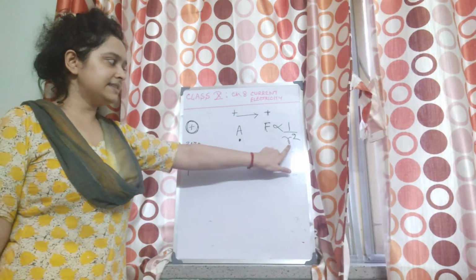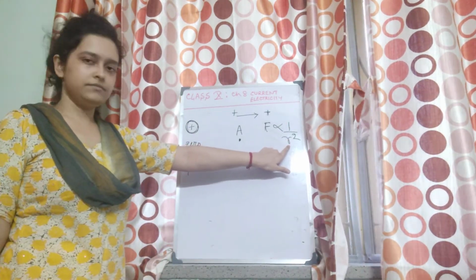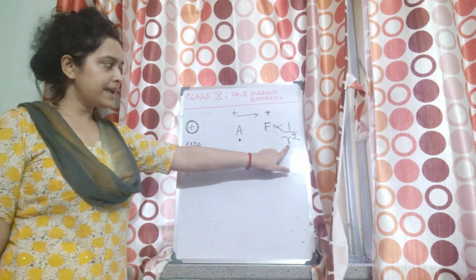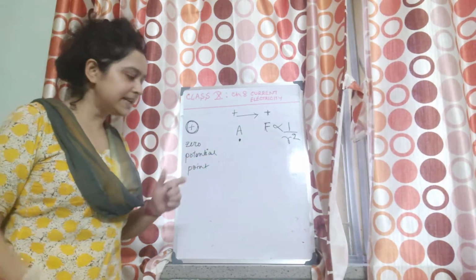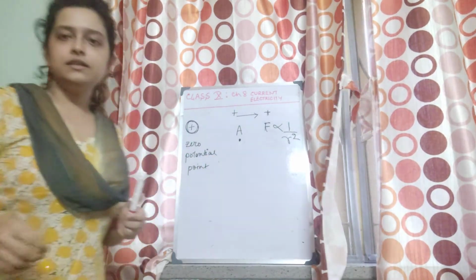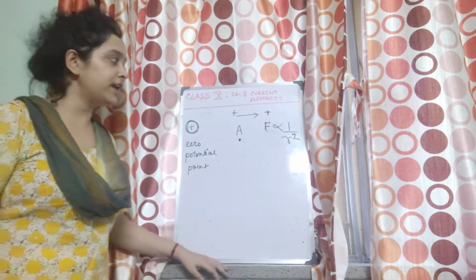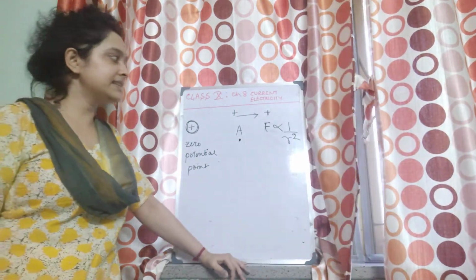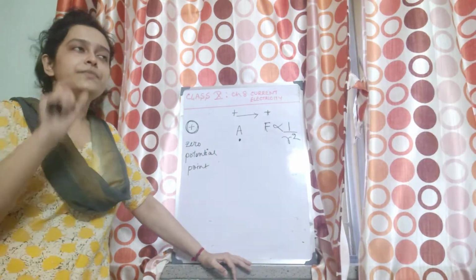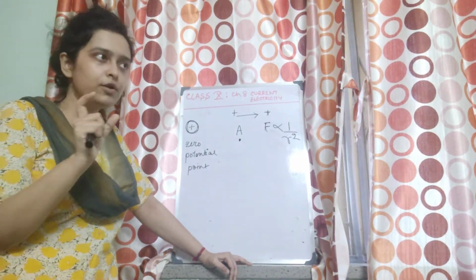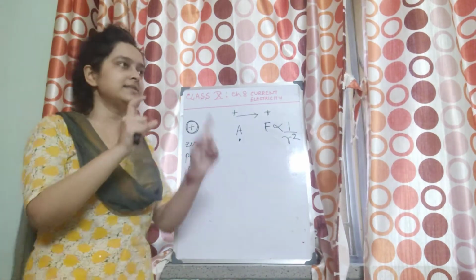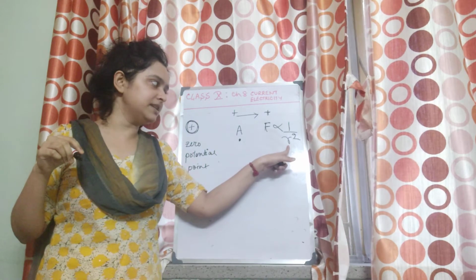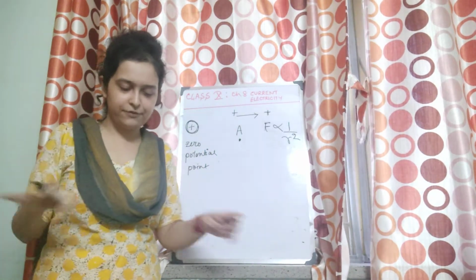If this is infinity, R, that means the electrostatic force of attraction or repulsion at infinite distance is zero. You don't know the formula of potential at a certain distance; V has got an expression related to this, which in this class you don't have.